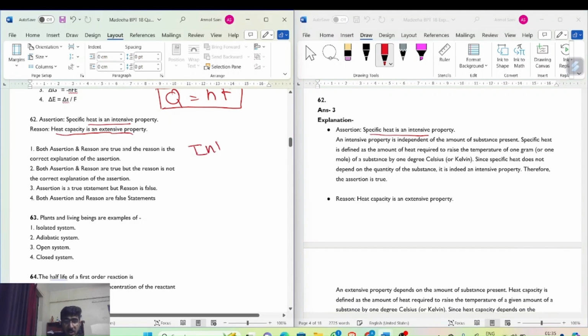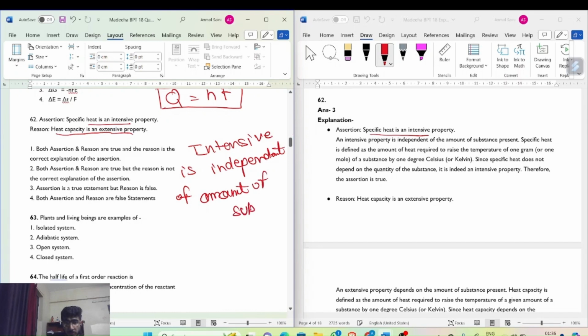So intensive property is independent of amount of substance. And extensive property depends on the amount of substance.